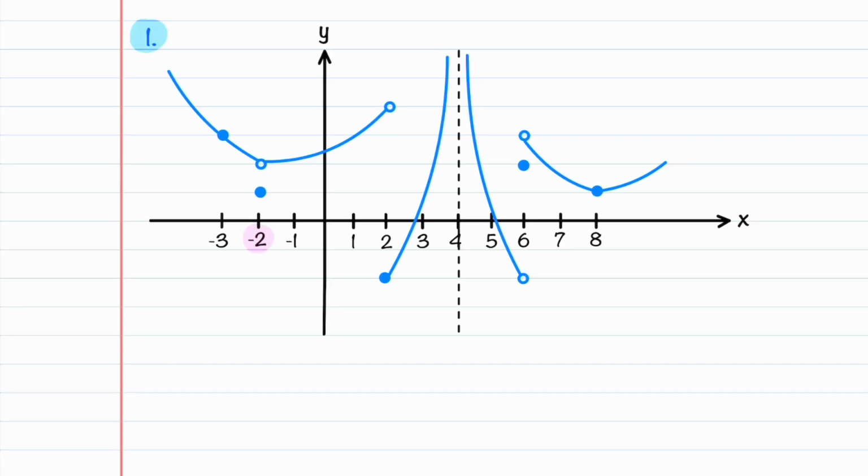At x is equal to -2, the function exists and the limit exists. However, these two values are not the same. So we're going to say that at x is equal to -2, we have what's called a removable discontinuity.